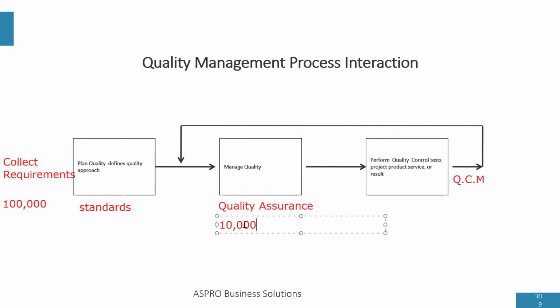We're inspecting what they're doing, and then they build the first 10,000. And then we're testing the laptops, and we found out that 50 of them had screen issues, 20 of them had biometric issues, 100 of them had video issues, and so on. And that is the quality control measurement that goes back.